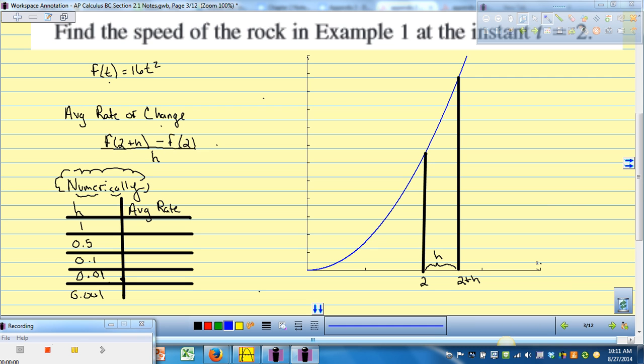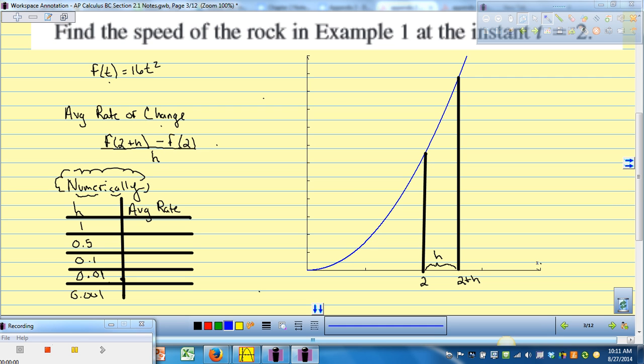And it wouldn't be the closest I could get. All right? Well, how could I get closer to the slope at 2? Make it smaller. All right, so I could move to 2.5 and find the slope between 2 and 2.5. And I'd have a better approximation. How do I get better? We move closer and closer and closer.